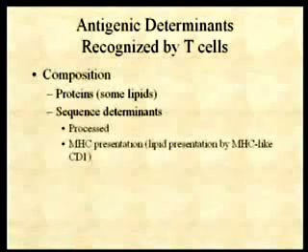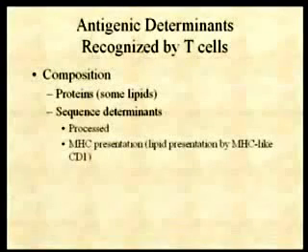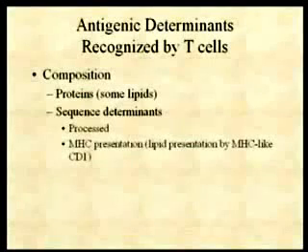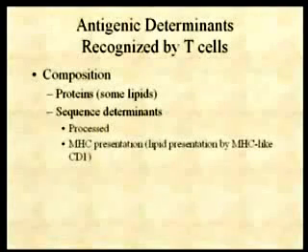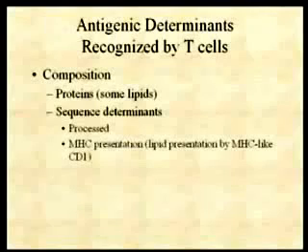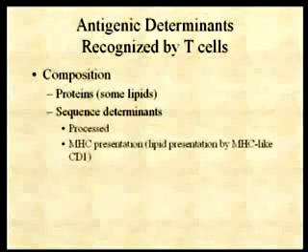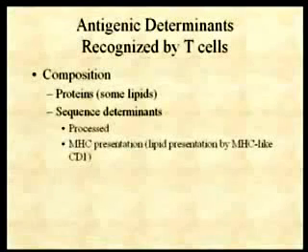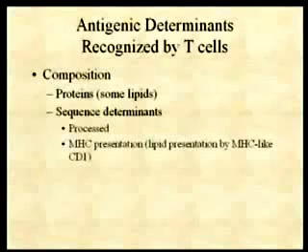Those pieces of the immunogen have to be presented to the T cell in the context of proteins encoded by the major histocompatibility complex. Dr. McKelliff will tell you about the structure of those antigens. But these antigens have to be processed, and they have to be presented by molecules encoded in the major histocompatibility complex. Only then can the T cells see it. That's why T cells can't recognize conformational determinants: the conformation is destroyed when you degrade the antigen into small pieces.